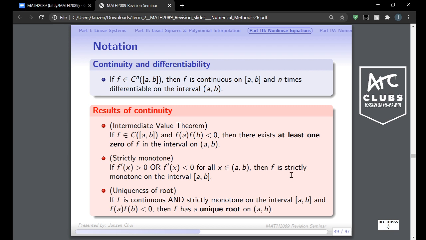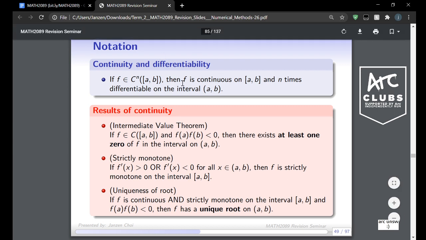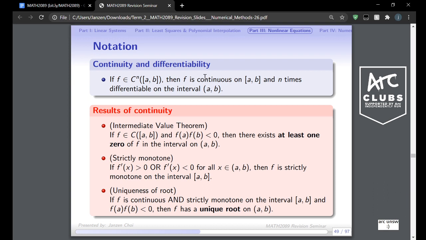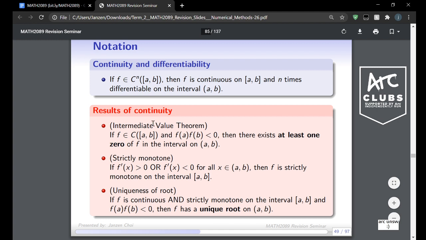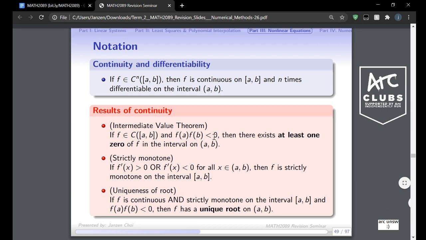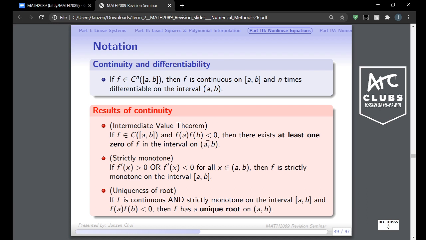So if you see this notation, then the function f is continuous on the closed interval [a, b] and n times differentiable on the open interval (a, b). For the intermediate value theorem, if f(a) times f(b) is strictly less than 0, then there exists at least one zero on the open interval (a, b).